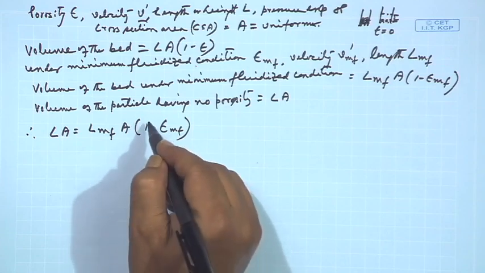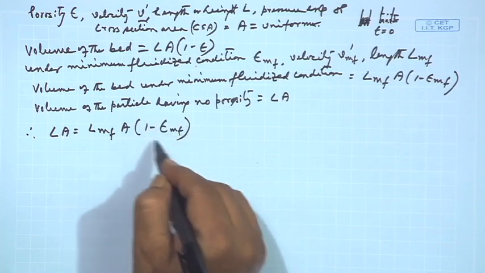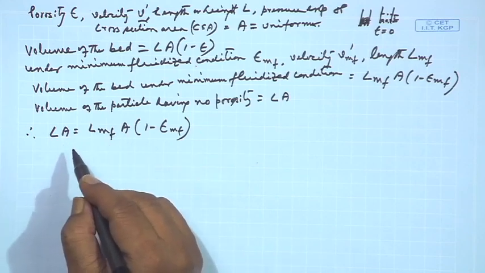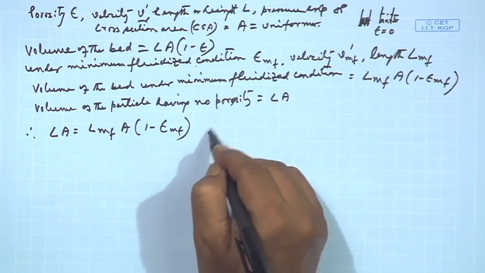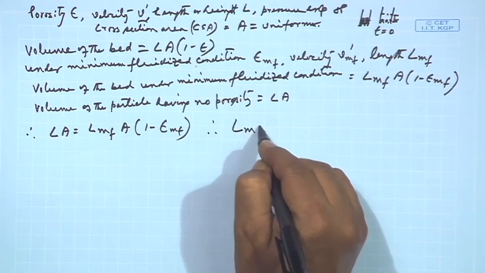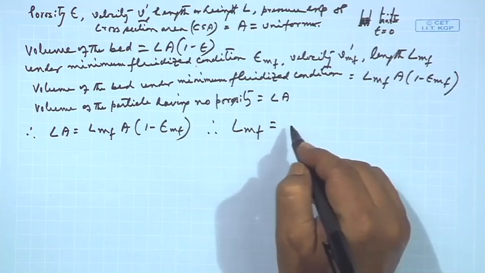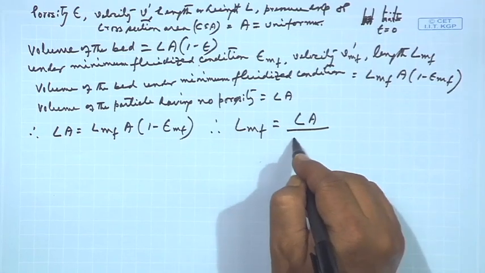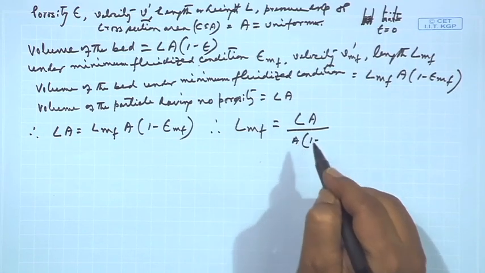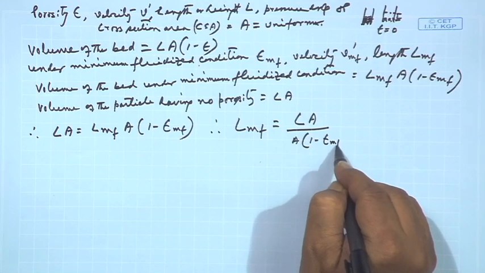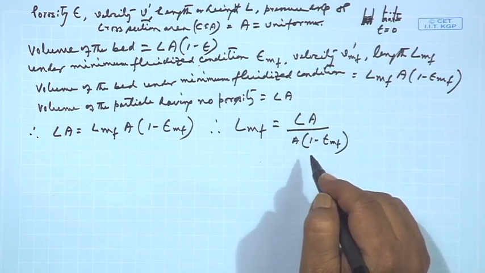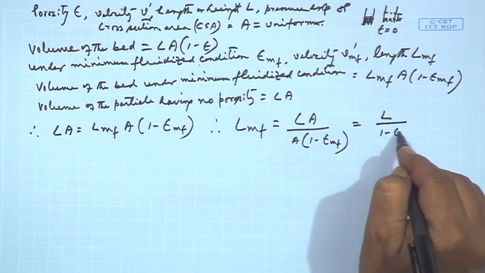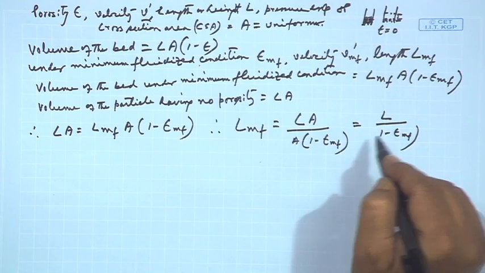So, the remaining particle volume is 1 minus epsilon mf into A into L mf, which equals L A. Therefore, we can write L mf equals L times A over A times 1 minus epsilon mf, which is nothing but L over 1 minus epsilon mf.